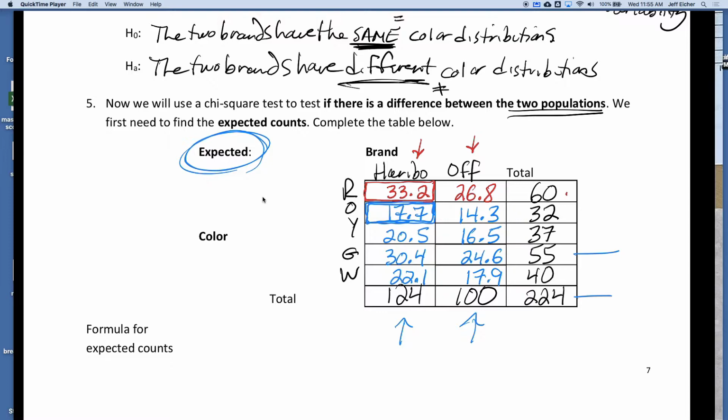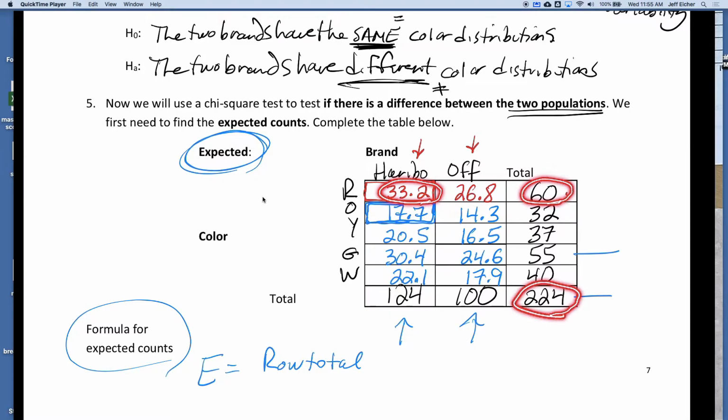So there is a formula for expected counts, which is what we just used. For red Haribo, the row total was 60. We divided by 224, and then we multiplied by 124, the column total.